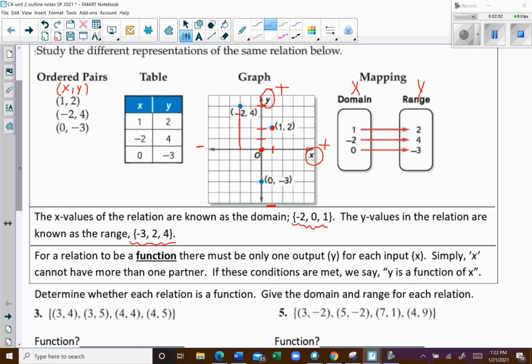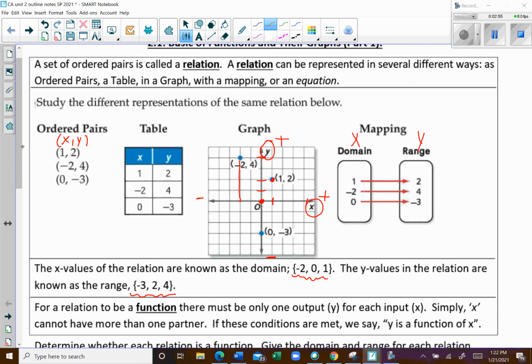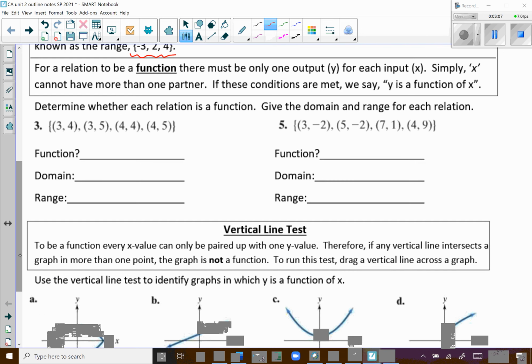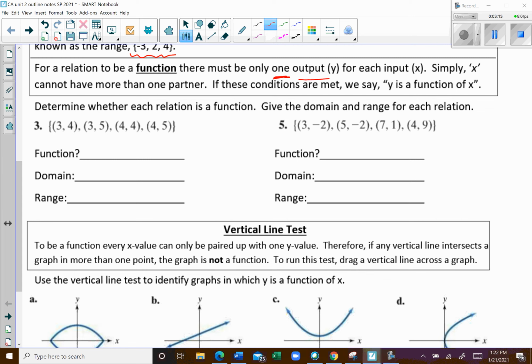As I was saying in the beginning, you can create any type of relationship you want, but once you get into the function phase, there's a couple more rules that we have to follow, and that's what we're going to look at down here. For a relation to be a function, there must only be one output of y for each input of x.